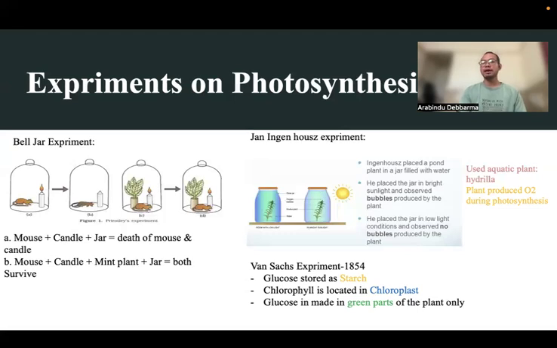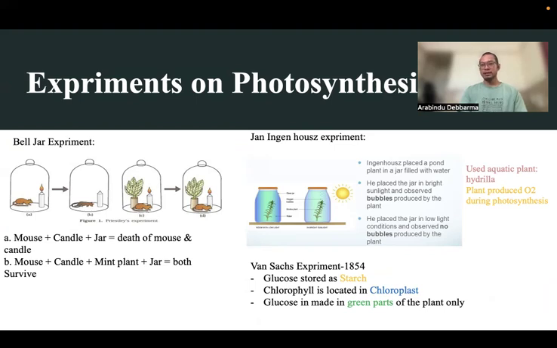So what he did, he took a jar and put the plant in it, and when it is kept in front of sunlight, the plant carries out photosynthesis, and the oxygen being released is seen in the form of bubbles. On the other hand, when the bottle with water and the plant is kept far away from the light, there was no bubble formation.